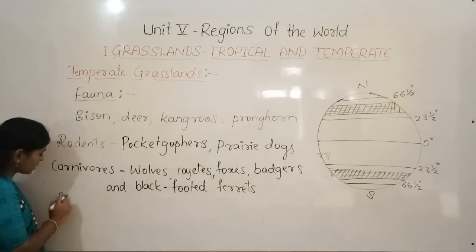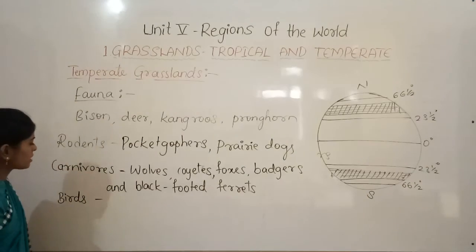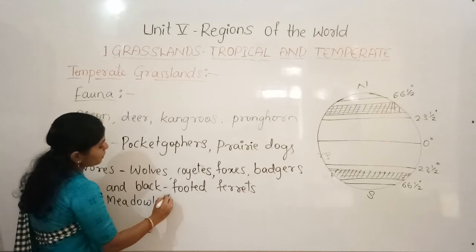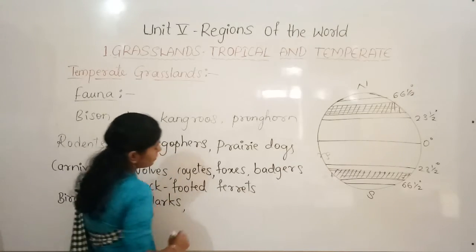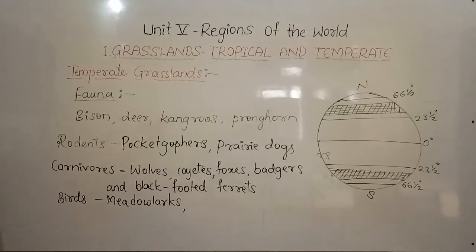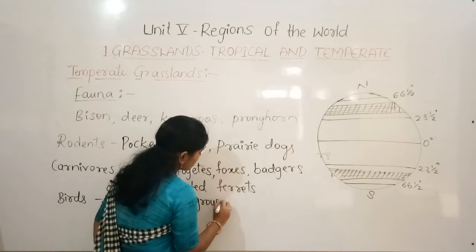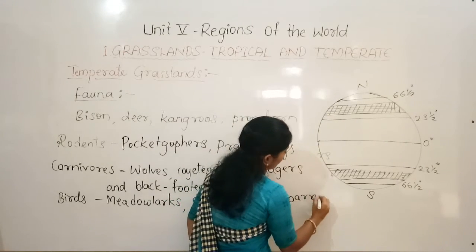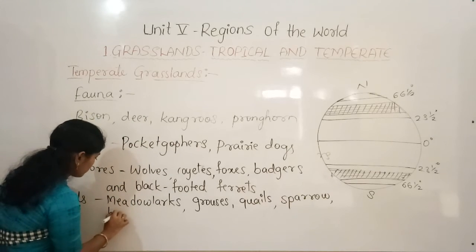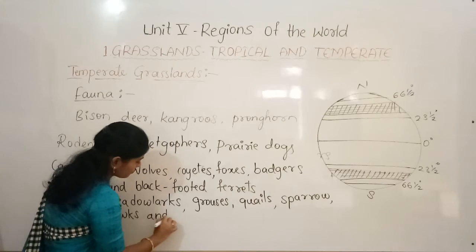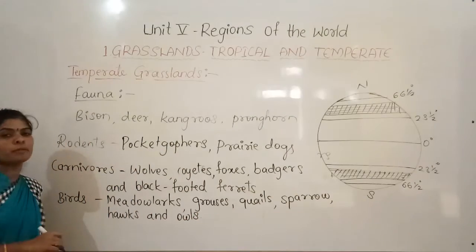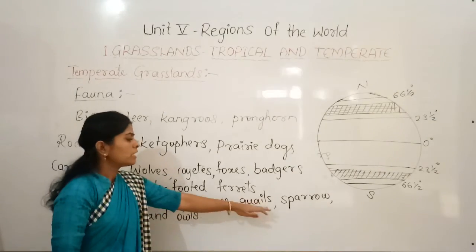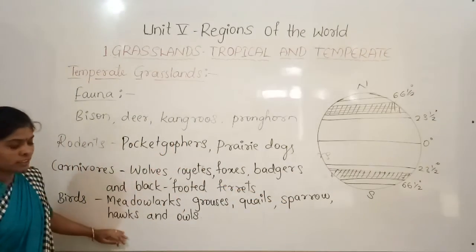And also we can see some birds here. Birds such as the meadowlarks, quails, grouses, sparrows, hawks and owls.